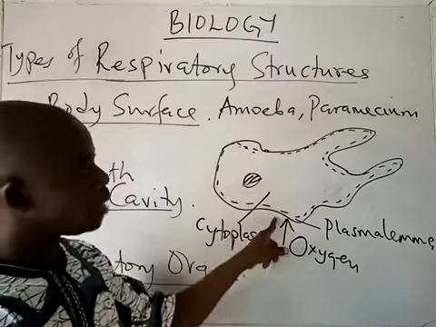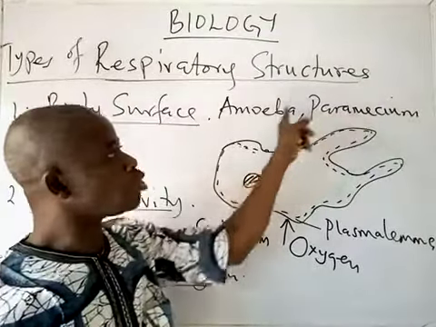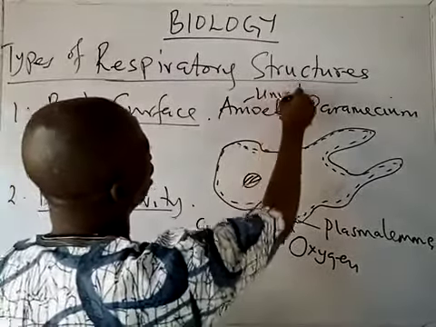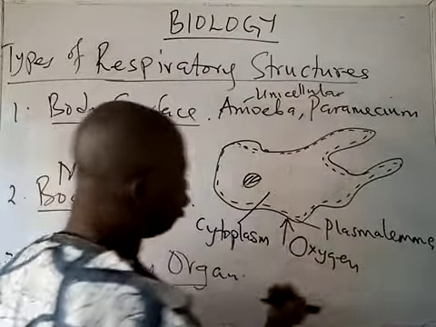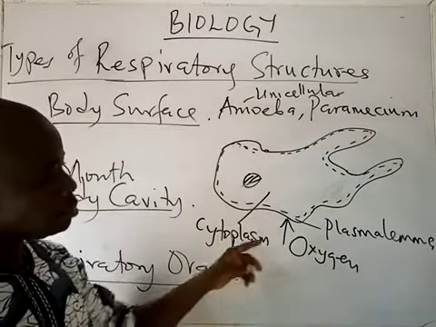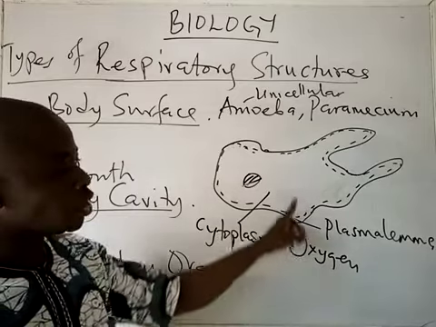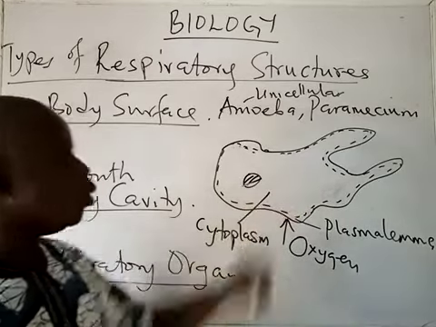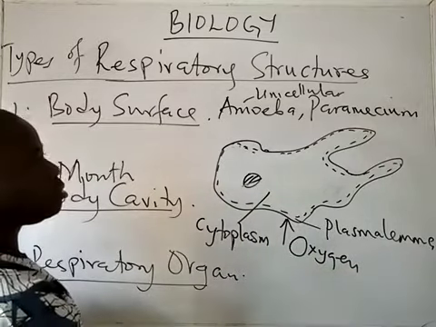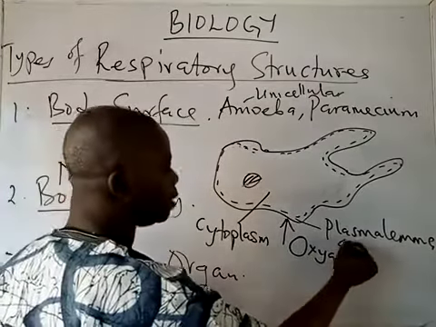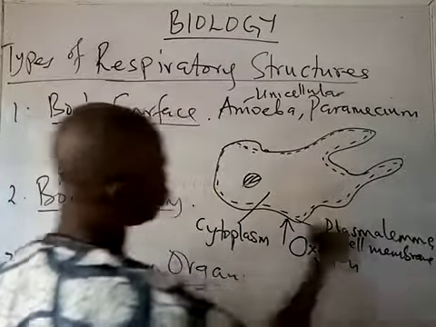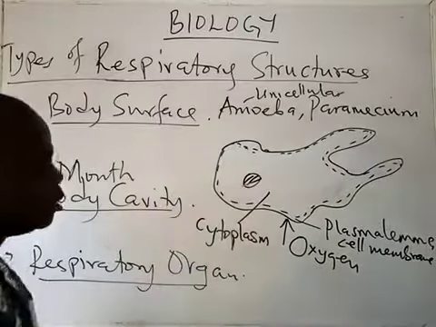So this organism, as well as paramecium and some other unicellular organisms, they obtain their supply of oxygen for the purpose of respiration through their cell membrane, which has to do with their body surface.